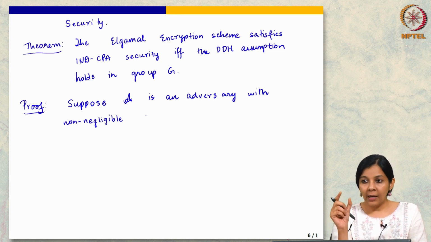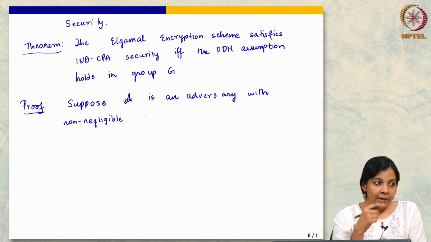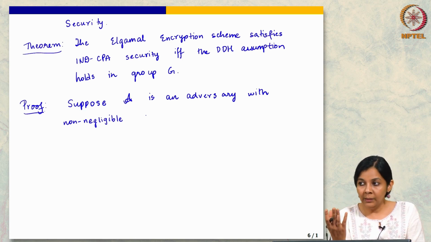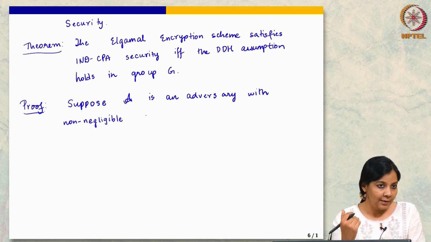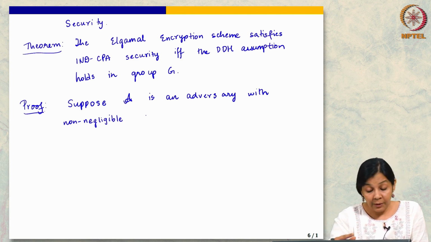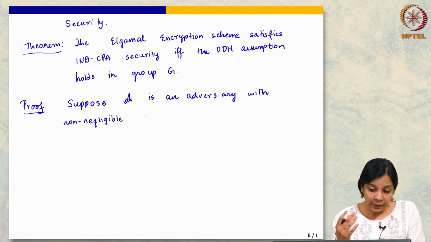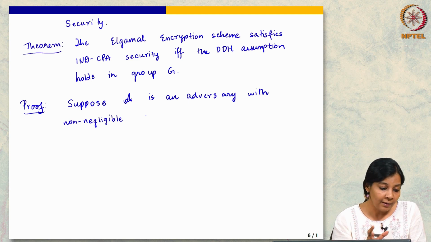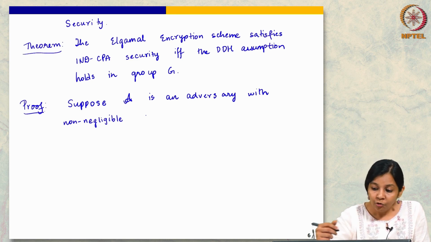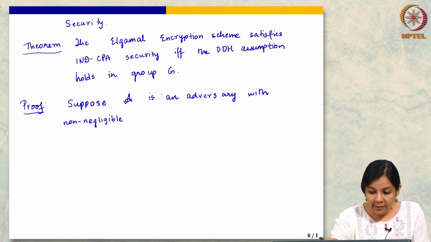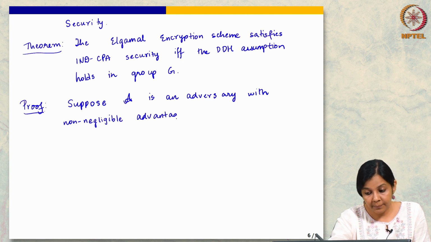That we call its advantage, and if this is non-negligible, then we say that the adversary is winning the game, or rather, the adversary has broken the scheme. So, let us say that A is an adversary with a non-negligible advantage epsilon.